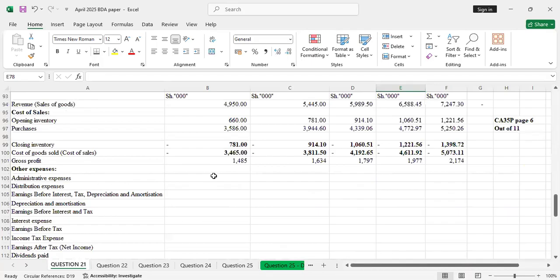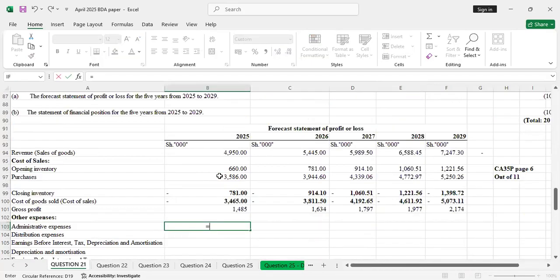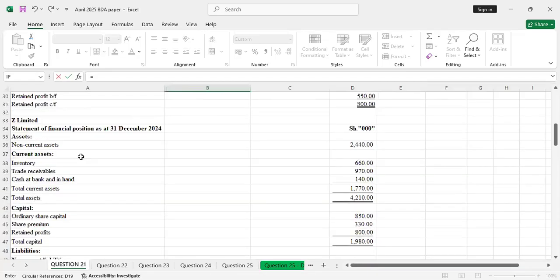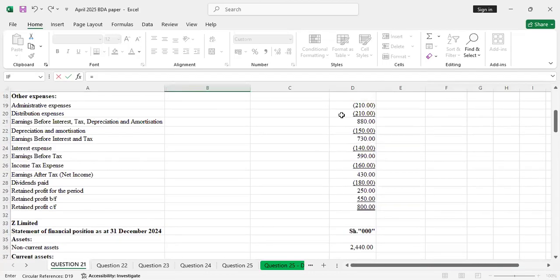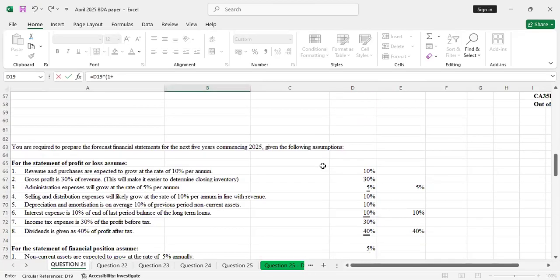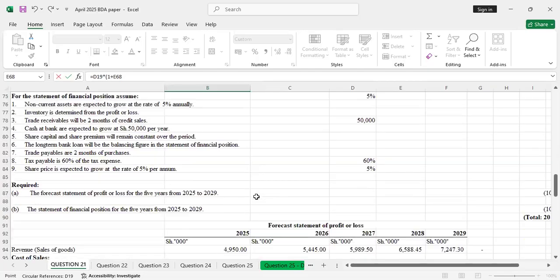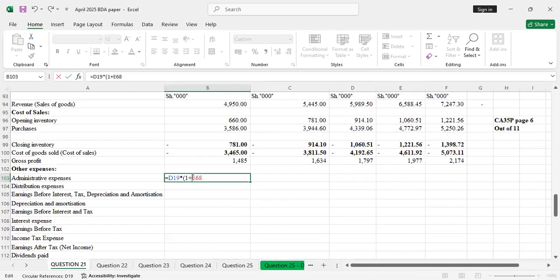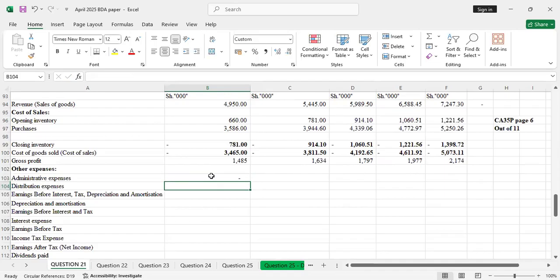Now we'll go. Administrative expenses equals to, for the previous year, which is 2024, it will grow to 210. You will multiply by bracket 1 plus the growth rate, which is 5%, and I'll lock that 5% completely. Then you enter. I don't know why it's giving me a negative value.